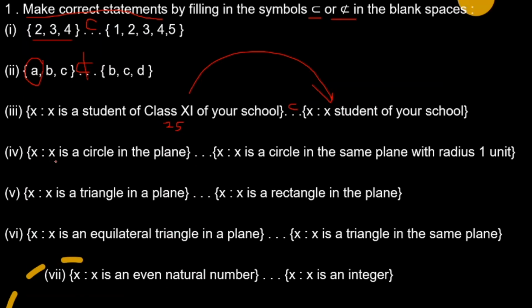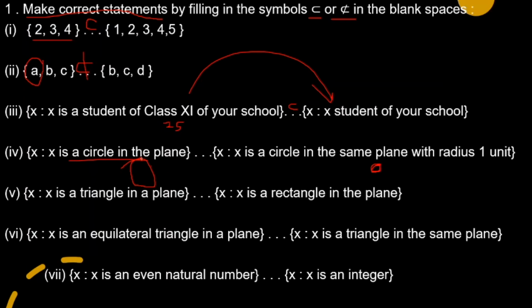{X such that X is a circle in a plane}. We don't know the size of the circle, okay? Make a note, it can be of any form. And {X such that X is a circle in the same plane with radius 1 unit}. So this is some 1 unit circle, and the other we don't know, it may be big or small. So we can't say that this bigger circle will belong to this set, right?